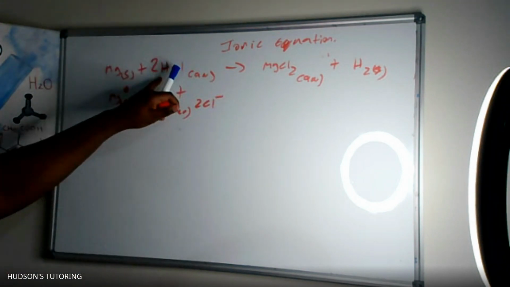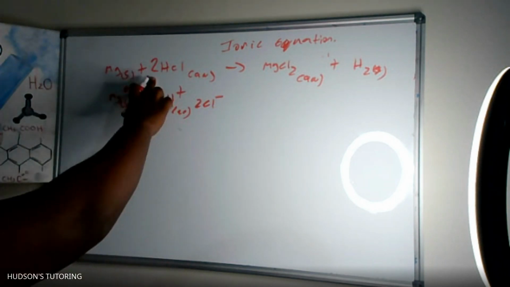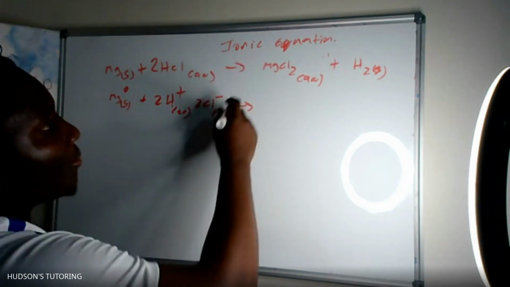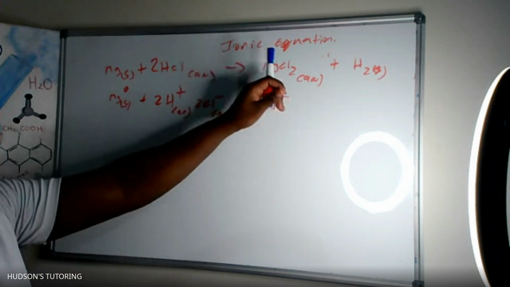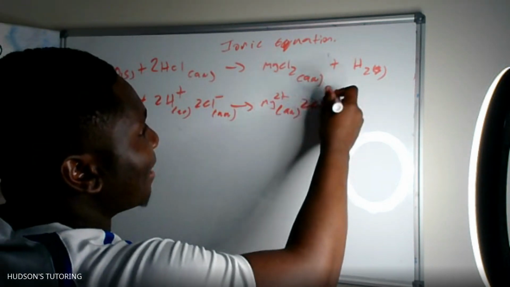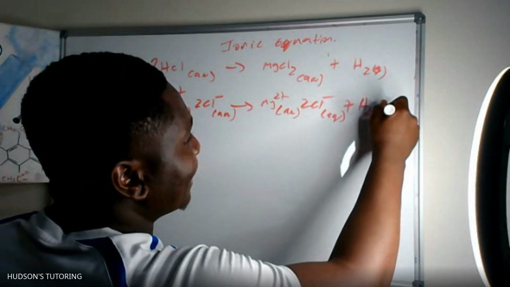The 2 here is showing us that it is 2 hydrogen and 2 chlorine, all right? And we'll call this coefficient or stoichiometry. All right, good work. Magnesium here, so this is Mg2 plus. Now you can split it because it is now in a compound, right? Mg2 plus aqueous, 2Cl minus aqueous, good, right? Plus H2 gas, excellent.